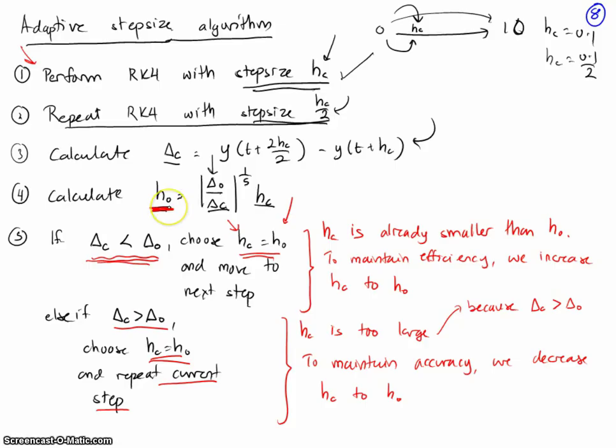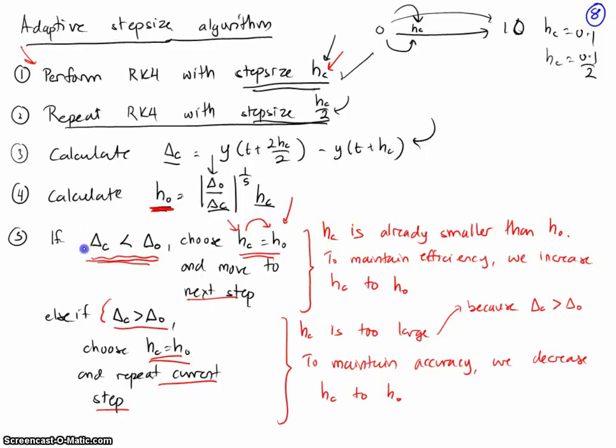So it means that if you keep continuing with the current step size that you have selected initially, you're going to get a not efficient algorithm, just because the step size that you choose is already smaller. So what we do is we increase the step size from HC to H0 and we move on to the next step. So in your next step, you are going to use a larger step size to hopefully reduce the number of steps that you need.